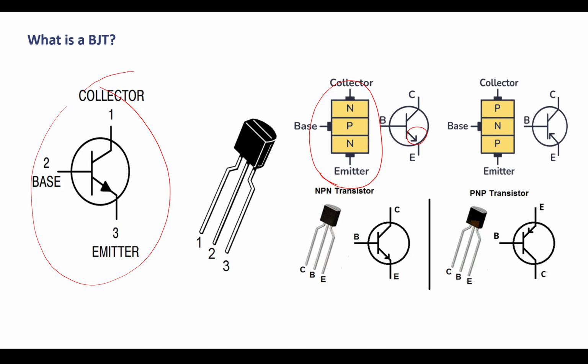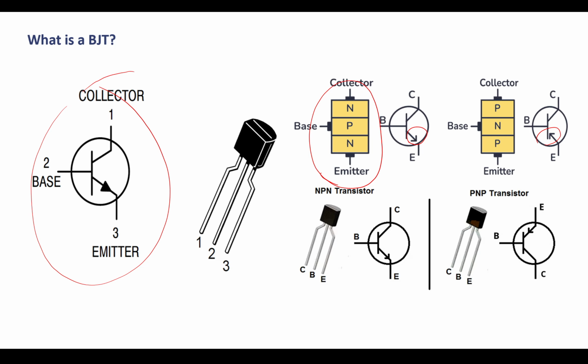Please pay attention to the directions. On PNP, current goes from emitter to collector. Again, think about that. It is the same concept that we had for the MOSFET and the diode. You know how forward and reverse bias works. You can think about that and understand why the current changes direction.